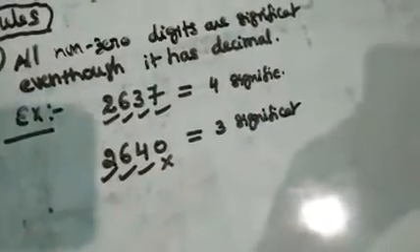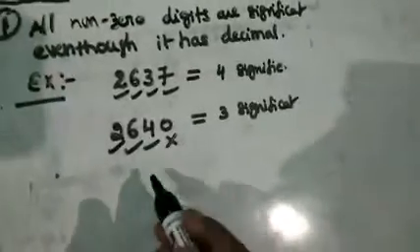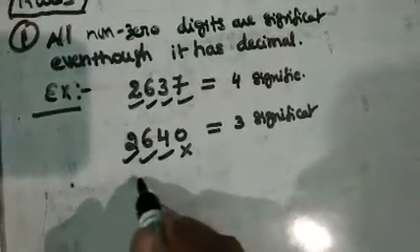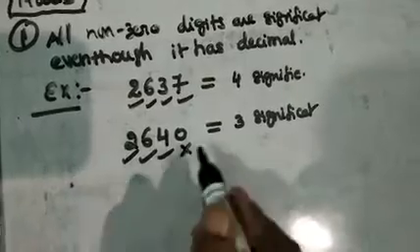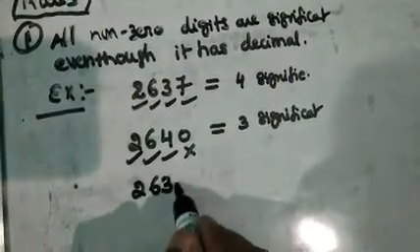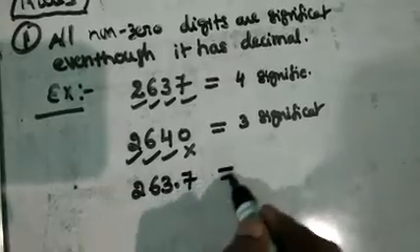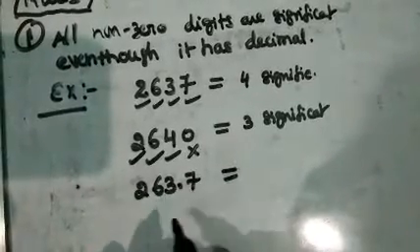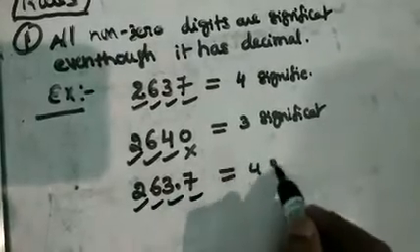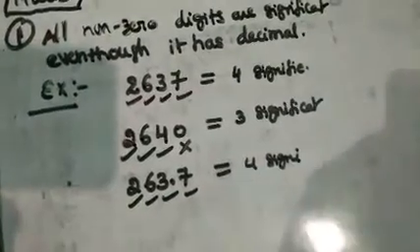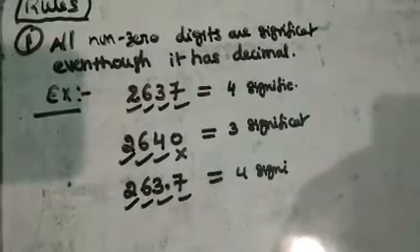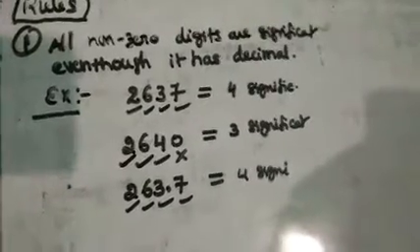Another number, a very simple example. Listen carefully, a decimal is there. 263.7. Here the decimal is there, no problem. All are non-zero. 1, 2, 3, 4. So 4 significant figures. Okay? So like this you have to find out. All non-zero digits are significant.